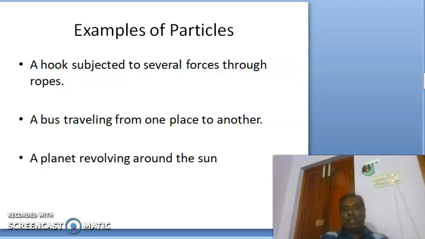That is where we represent the position of the planet, and that should be sufficient. Hence, even though the body is as large as a planet or maybe even a sun or a star, it can be considered as a particle for those engineering problems where we study the path of its travel.